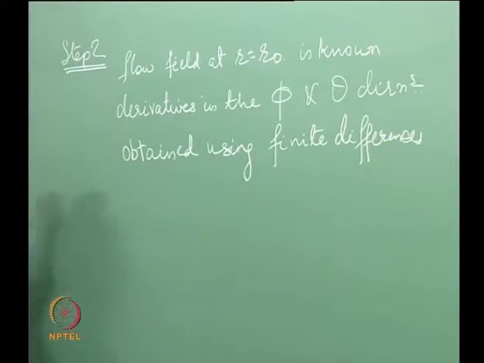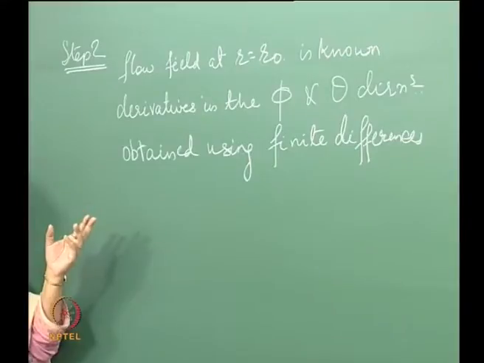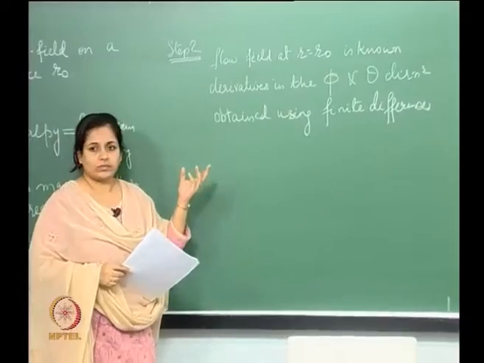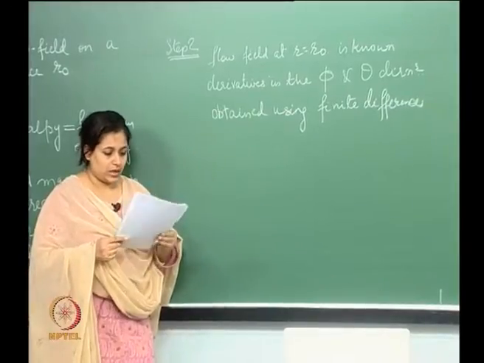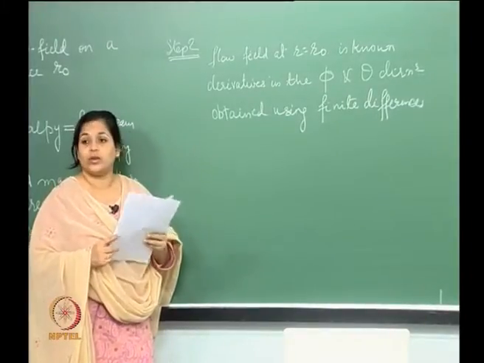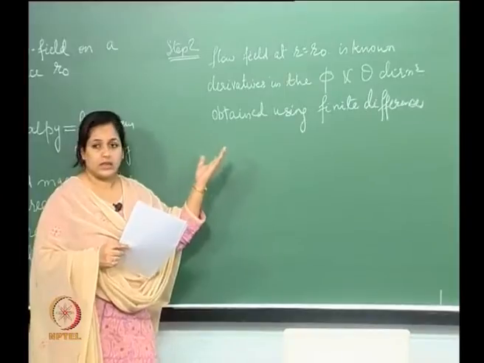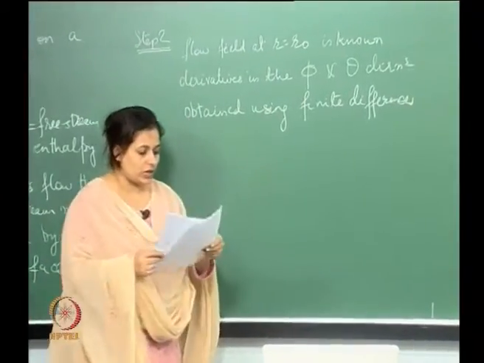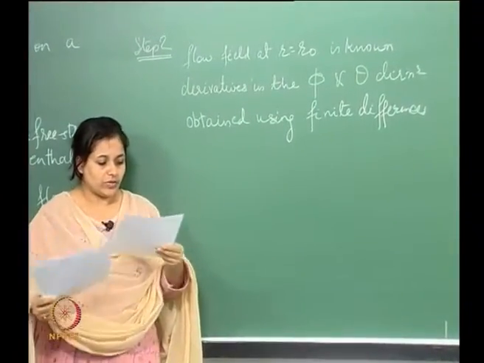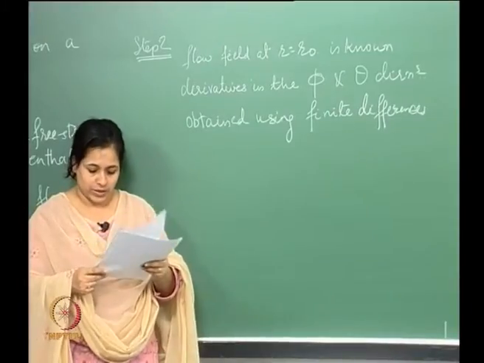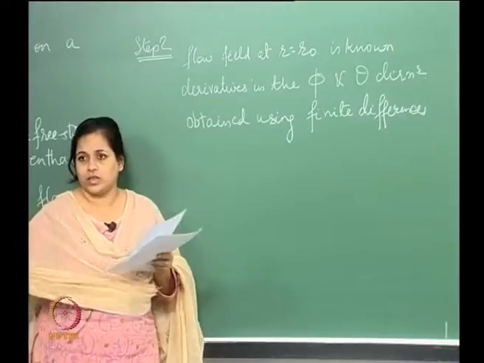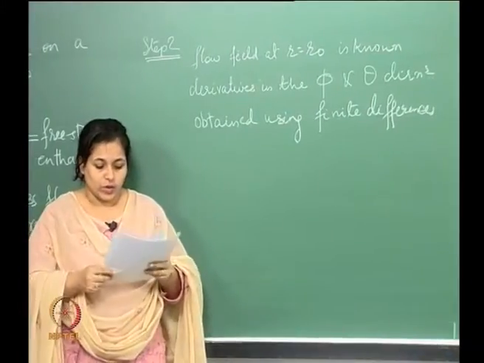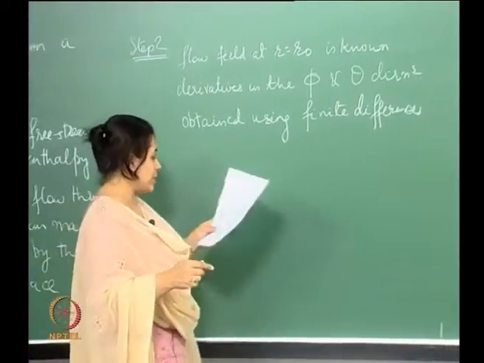Now the derivatives, like I said: del phi, del v r, del phi, del v theta, del r, and so on, del phi del theta. If you see your governing equations, to solve them, which are equations 4 to 10 that you have, the continuity equation, and so on, we need these terms.